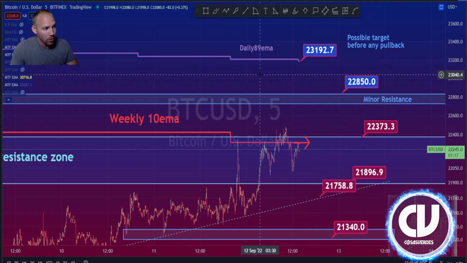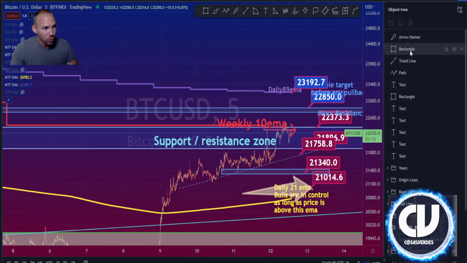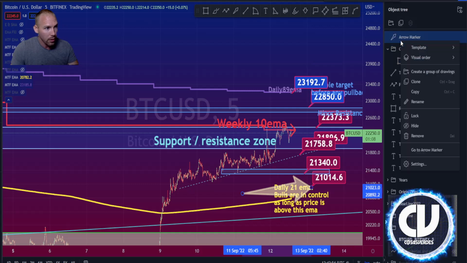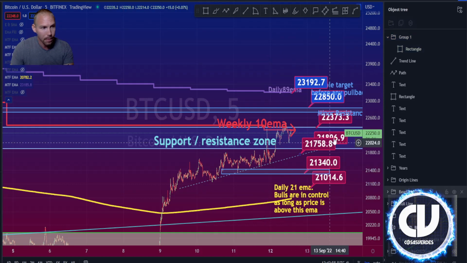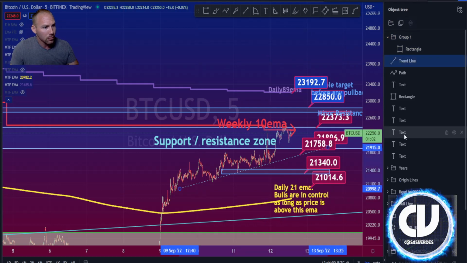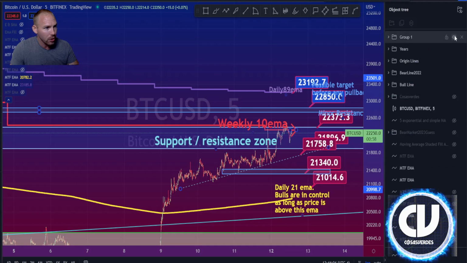Now, why are those levels significant? All right, so let's dive in. Let's show you why. Try to clean up this chart just a tad.